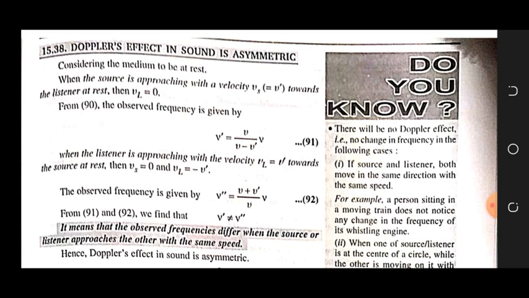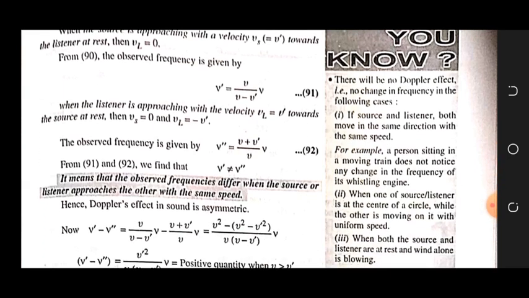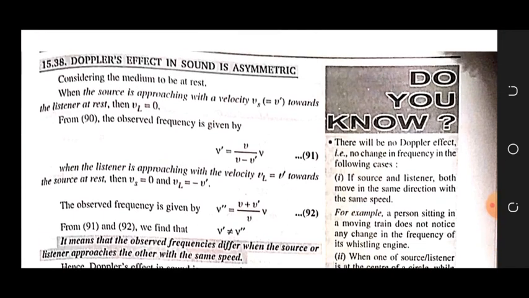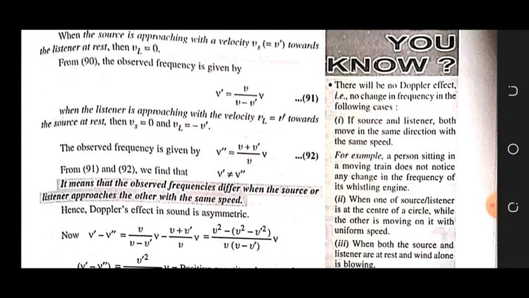Symmetry would be there if, whether the source moves towards the listener or the listener moves towards the source, the frequency heard were the same, because they are approaching each other at the same rate. But here the frequency is always different. So this is the asymmetric behavior of sound. So it is given here that the Doppler effect in sound is asymmetric.